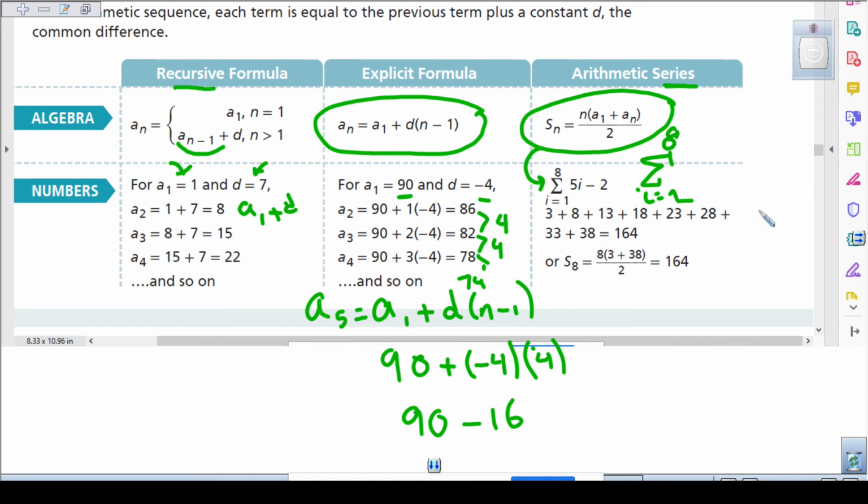So what if I ask you, for example, what is i sub 4? By the way, instead of a sub 1, they use i's here. It doesn't really matter. Can somebody tell me what is the 4th term? 18, yes.